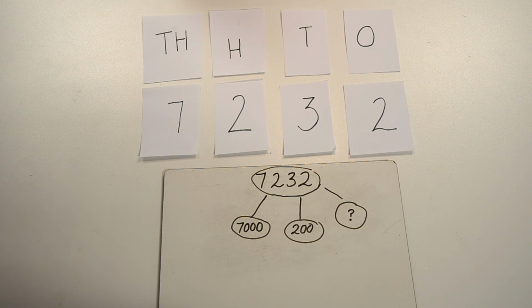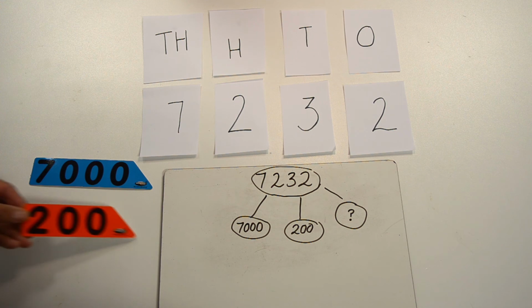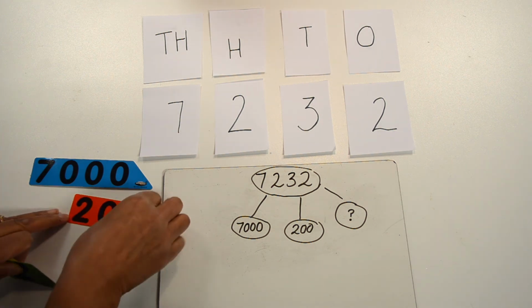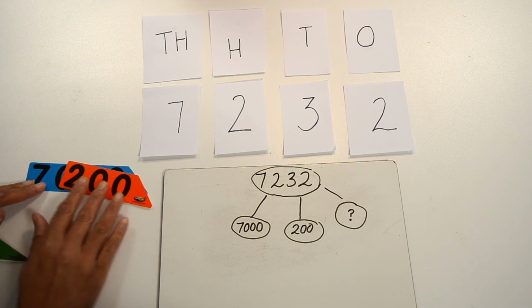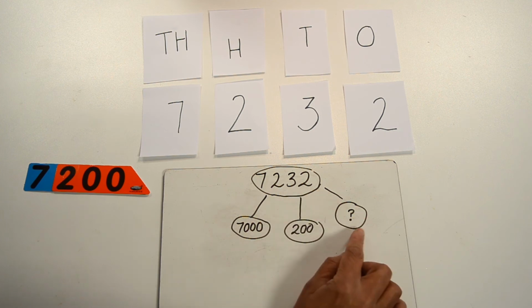Let's have a look if we can use our arrow cards to help. So we have our 7,000, we have our 200, place them together and we have 7,200. So what part is missing from our number?